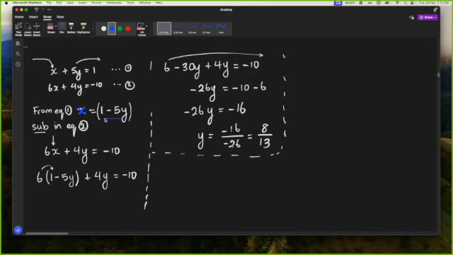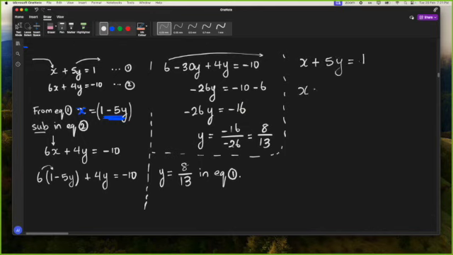That means x is equal to this. And I could now take this and put it in the equation. Let me work out this now. y is equal to 8 over 13 in the equation. Well, that 13 is a stupid number because I'm going to cancel with nothing, right? So x plus 5y is equal to 1.